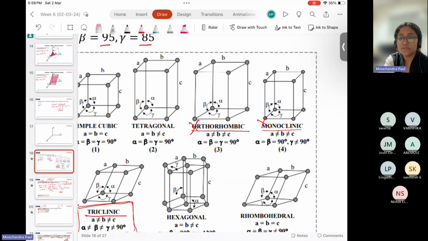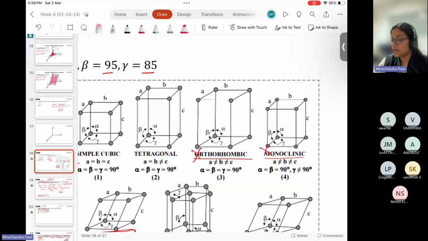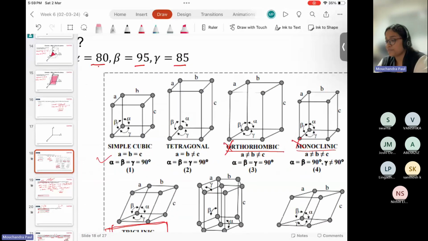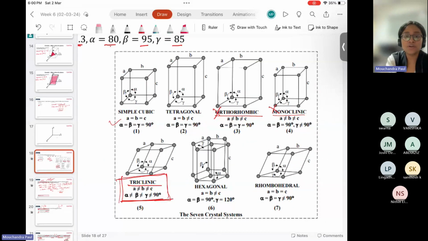Can you see my screen? I have shown the slide where I discussed a similar problem. Don't answer yet. Once you see this slide, you will be able to understand the correct answer to this question. Got the answer?